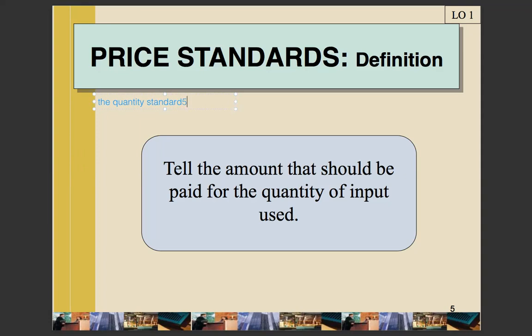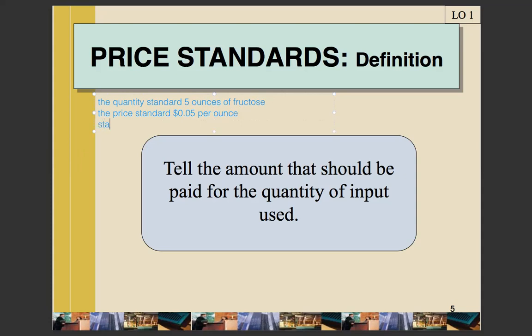So 5 ounces of the fructose. And then the price standard is 0.05 per ounce.